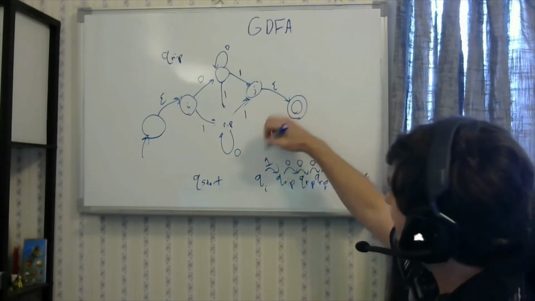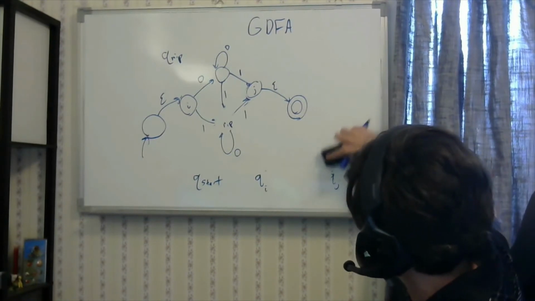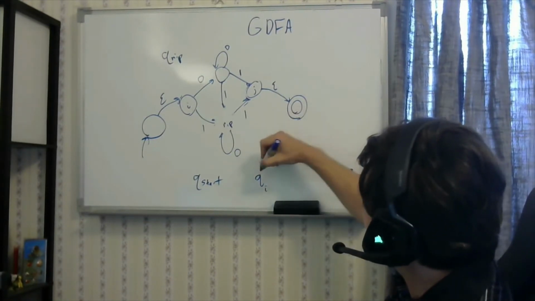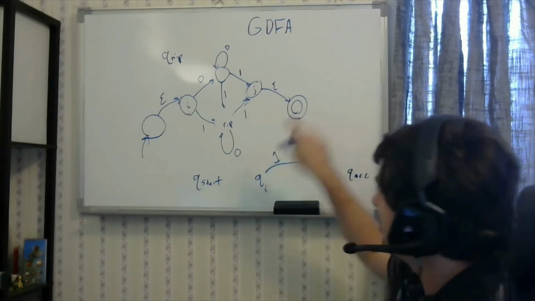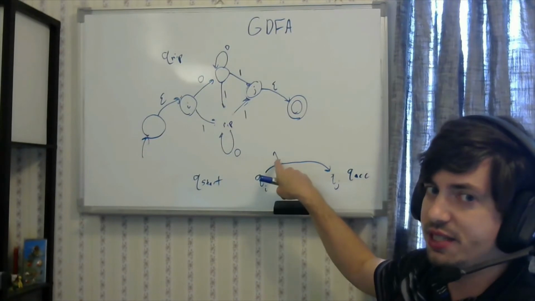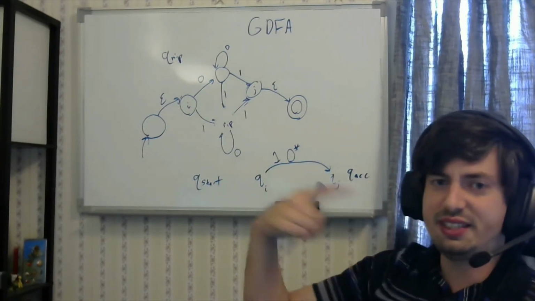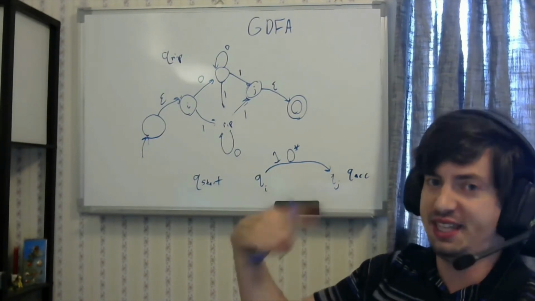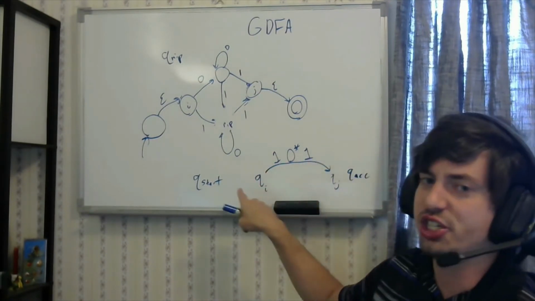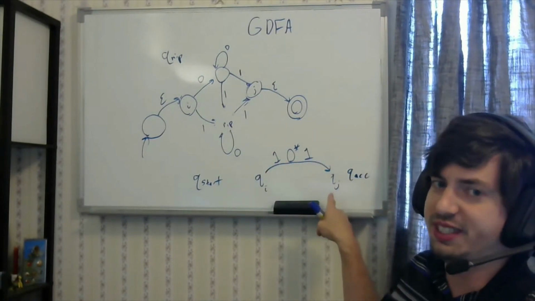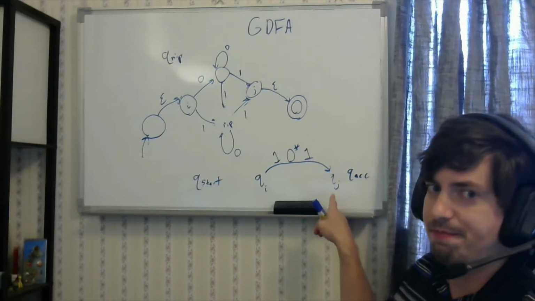Which means that the entire expression in this case, if we're removing all of these, needs to account for 3 components: the expression that gets us into the state, some number of instances of the expression that could loop us in that state or repeat that state, and then another expression that would get us out of the state that we removed and into whatever the next state happens to be.